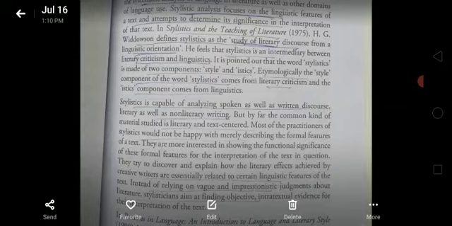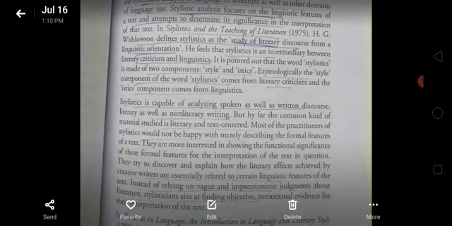But by far the commonest kind of material studied is literary and text-centered. It is a very important point that the text is analyzed through stylistics.